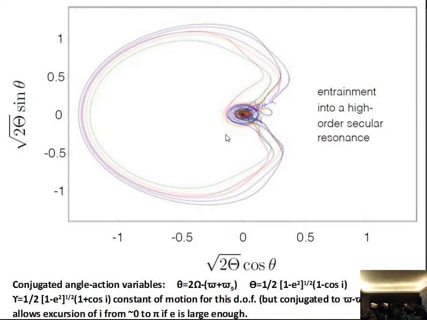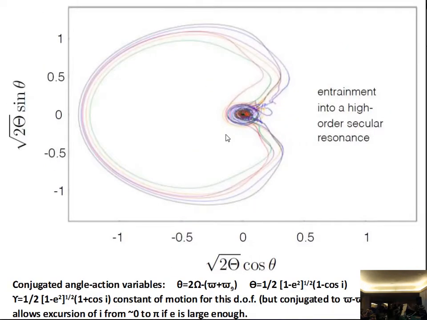This is a really powerful resonance that can turn an orbit from planar to absolutely retrograde. In reality, this constant of motion is not perfectly constant because it's actually conjugated to delta bar p, which keeps vibrating, so it's a complex motion. But still, this allows excursions of the inclination from 0 to very large values, like those that I showed here.